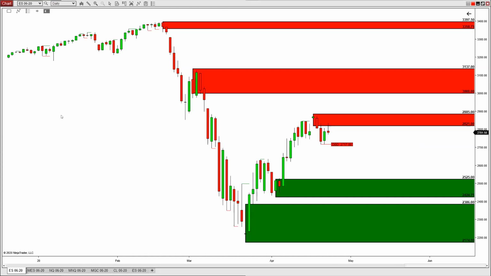Now, the way the futures function, they're the leading indicator, if you will, predominantly because they're traded for the most part around the clock, with the exception of what's called mark to market. It will close for about half an hour to close out all the positions, and then it reopens.